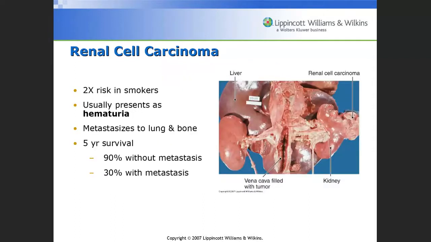All right. Renal cell carcinoma, when a person pees blood, I guess you could say, you see blood in the urine, that is certainly suspected of tumors in the kidneys.